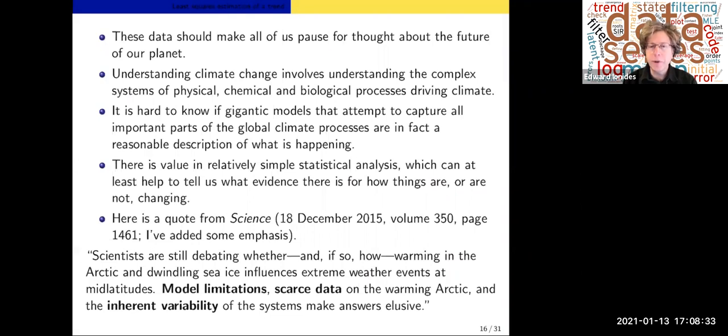Scientists are still debating whether, and if so, how warming in the Arctic and dwindling sea ice influences extreme weather events at mid-latitudes, the kinds of things we see in North America. Model limitations, scarce data on the warming Arctic, and the inherent variability of the systems make answers elusive. These are all things that statisticians know about, think about, and study.